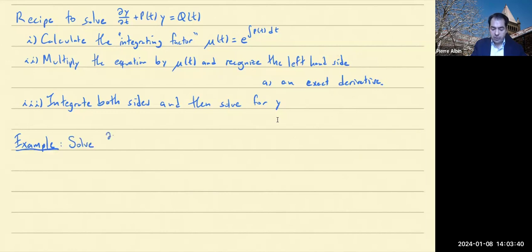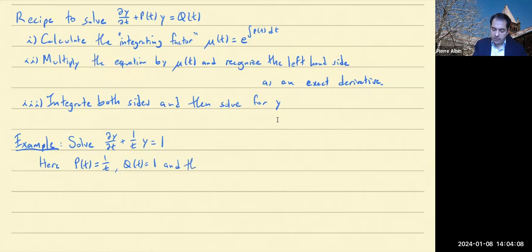Suppose we want to solve the differential equation dy by dt plus 1 over t times y is equal to 1. Okay, so we stare at this equation, and we notice that here p of t is 1 over t, q of t is equal to 1.